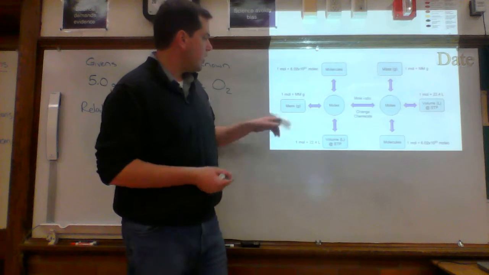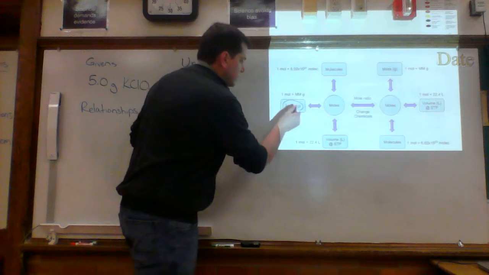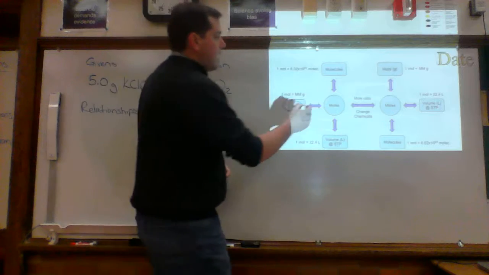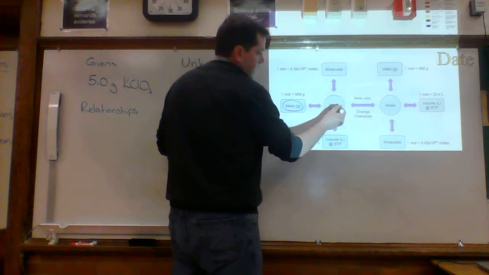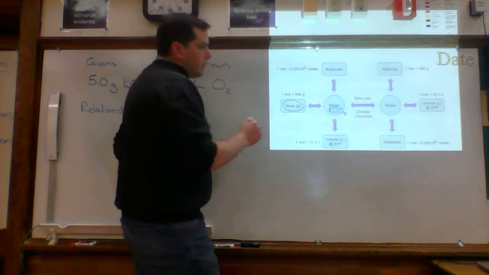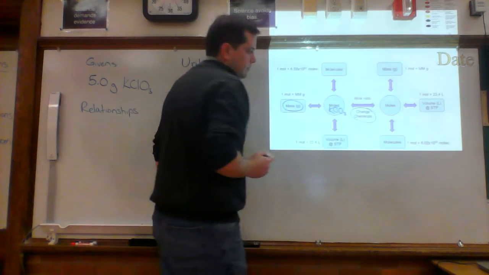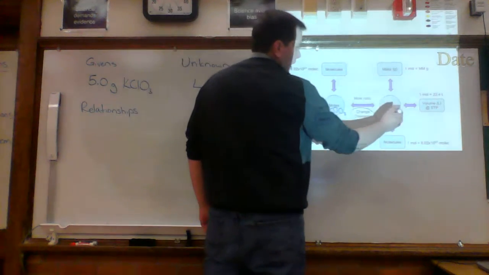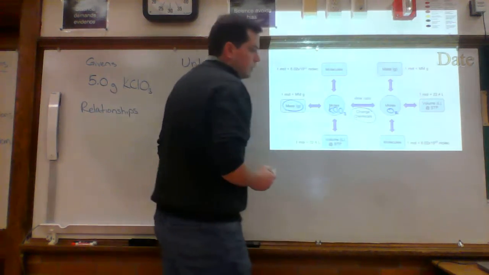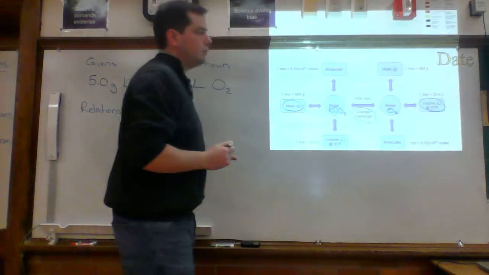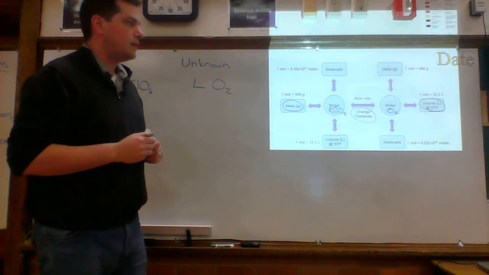So we're going to be starting off from mass, 5.0 grams. And then I'm going to be going to moles of KClO3. And then I have to change chemicals. So I'm going to need a mole ratio. Finally, I'll have moles of O2 and then liters of O2 at STP.